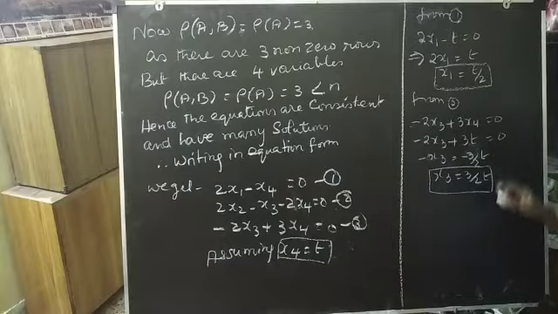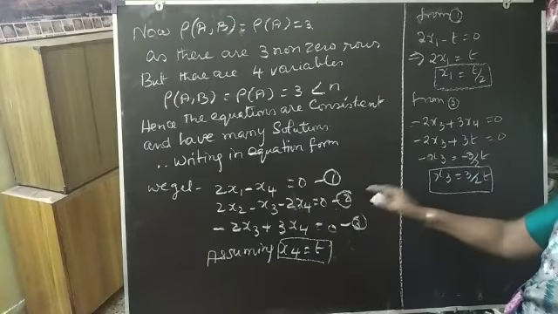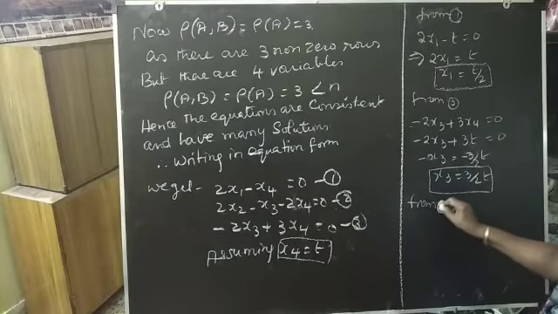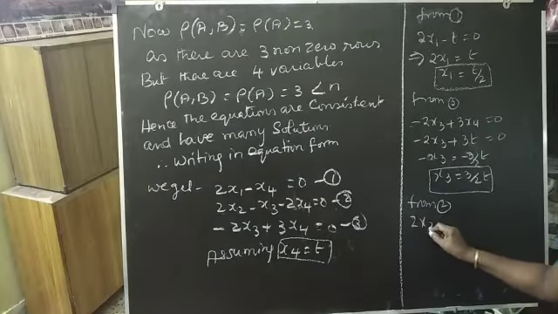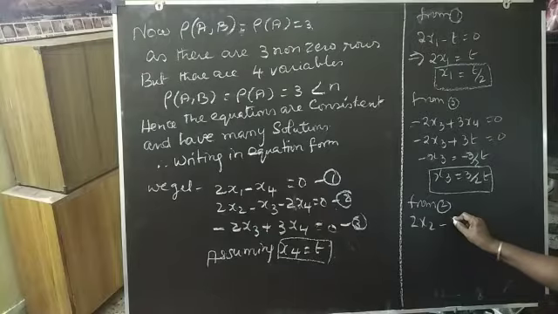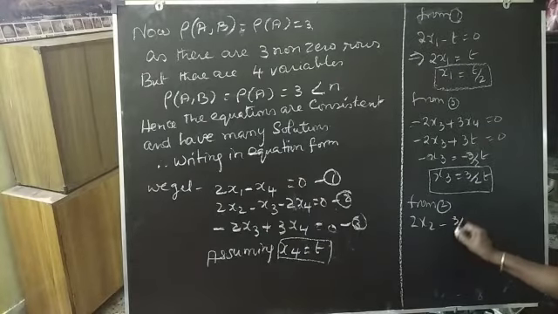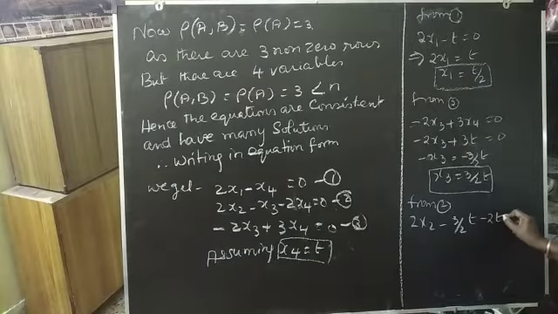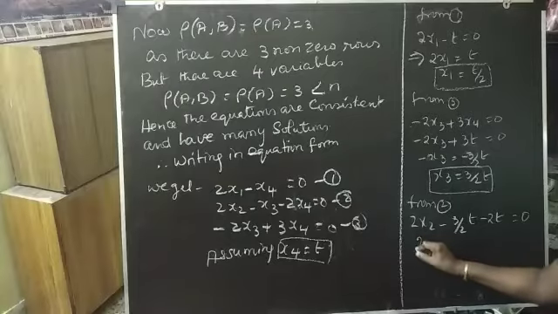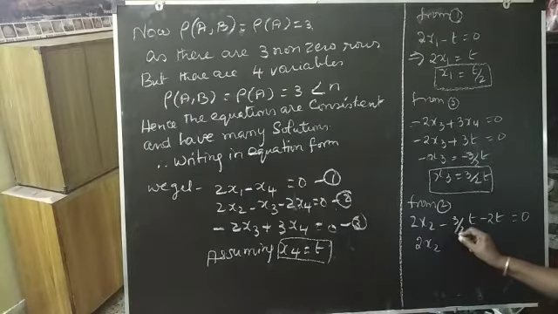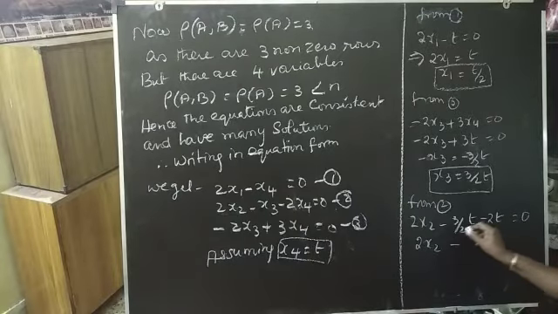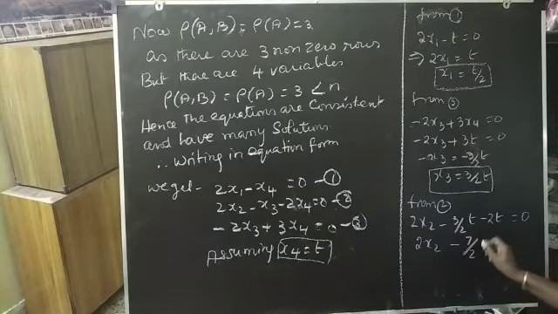Now substitute this value in equation 2. From equation 2, we get 2x2 minus x3 minus 2x4 is equal to 0. So taking LCM, 2x2 is equal to, you get here 4 plus 3 by 2t, that is 7 by 2t.